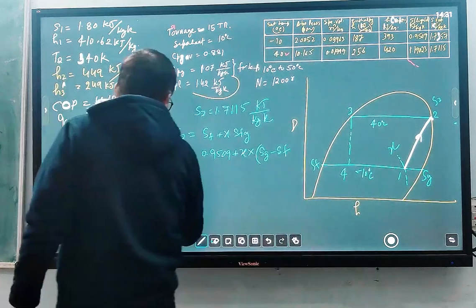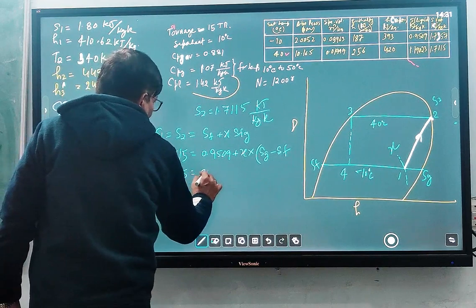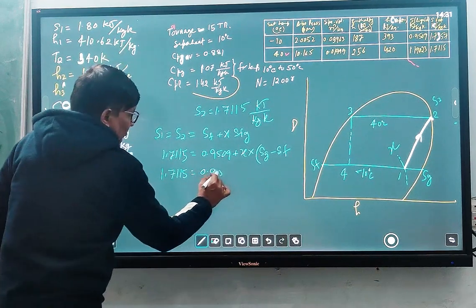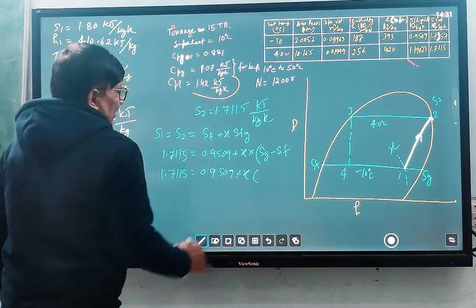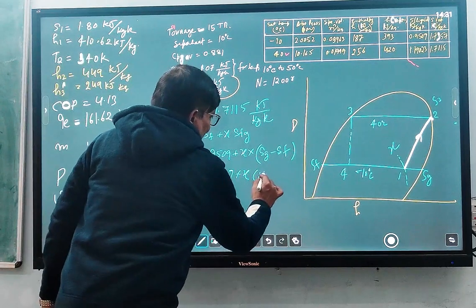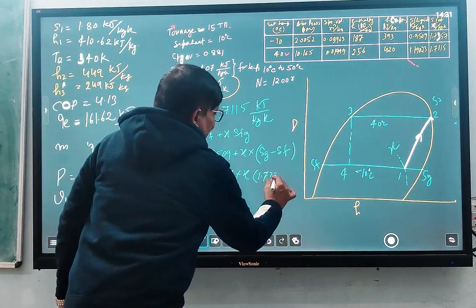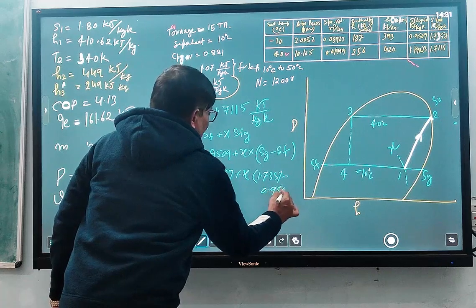Putting these values, 1.7115 equals 0.9509 plus X into (Sg minus Sf), that is 1.7357 minus 0.9509.